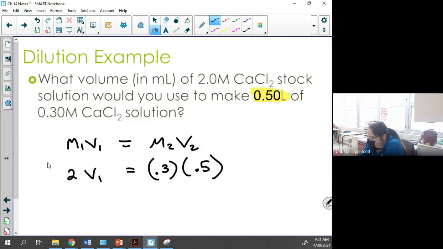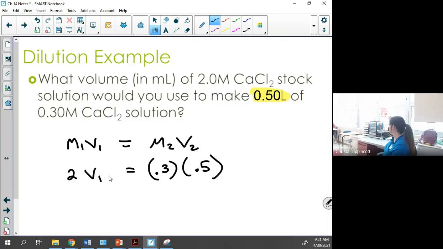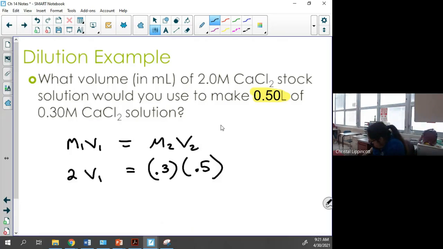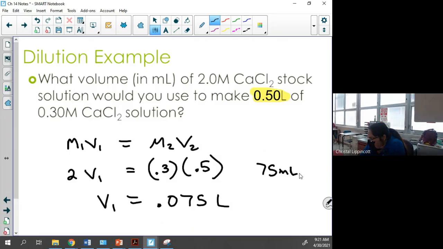We need to know what volume of that we need to put in our flask to make this stuff. Divided by 2 is 0.075. So V1 is going to equal 0.075 liters, which is 75 milliliters.